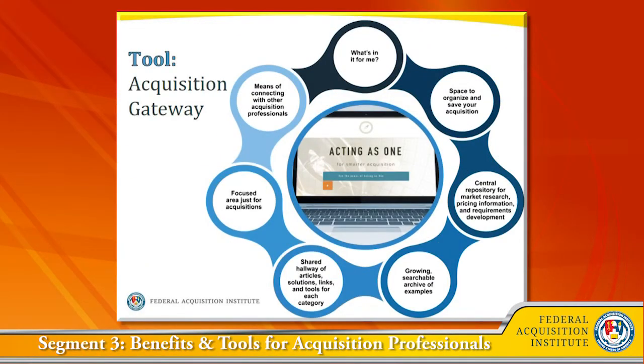Contracting officers, program managers, and other acquisition personnel should routinely use the resources found on the Acquisition Gateway whenever they're conducting procurement actions. It helps them access critical information like solution options, with a special emphasis on designated best-in-class solutions. It also links them to market research tools, prices paid data, templates, and sample language for SOWs and other procurement documents, such as expert articles, also community conversations regarding best practices.